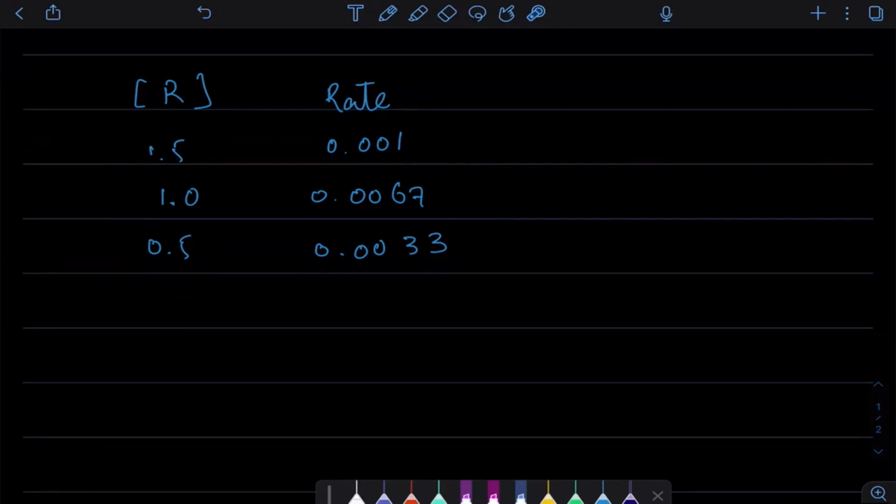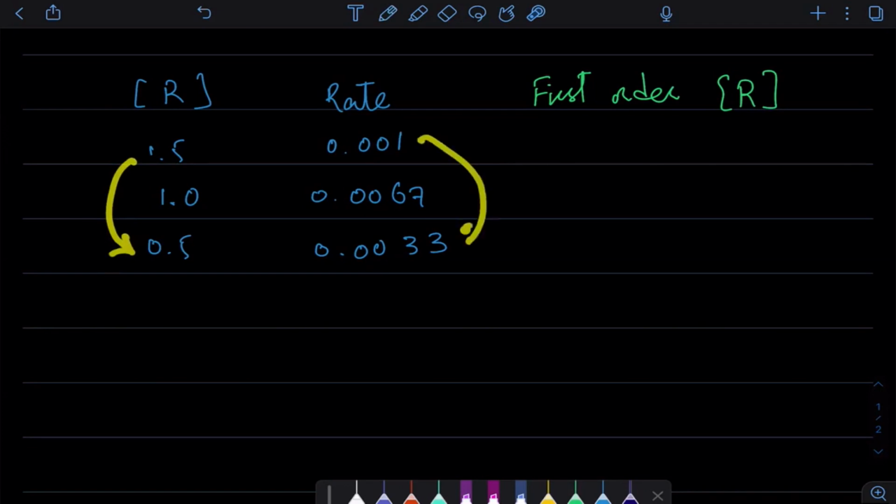In a situation where this happens, we say that the reaction is first order with respect to the concentration of R, because the rate falls by the same factor as the concentration.